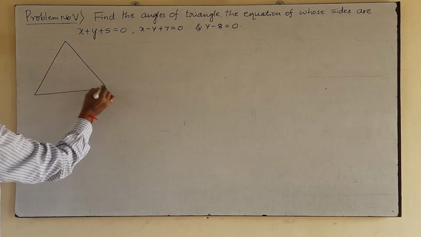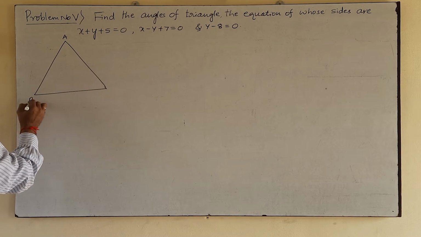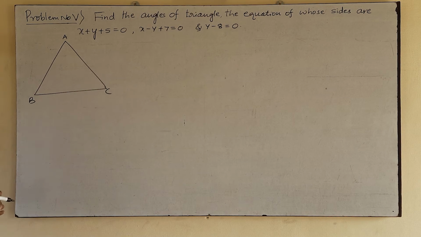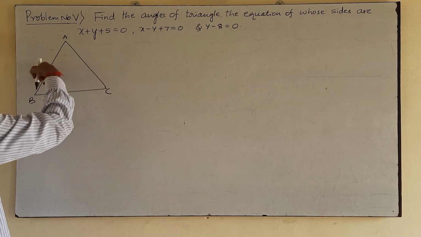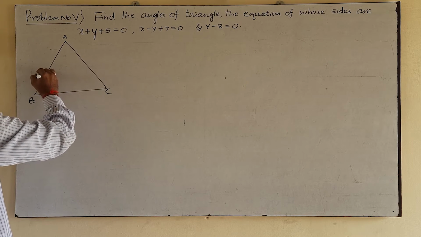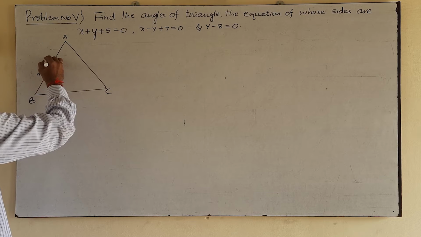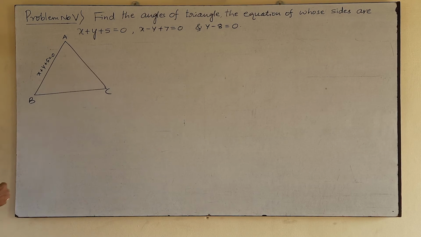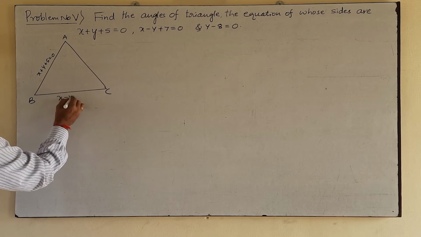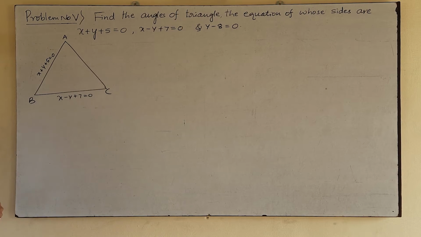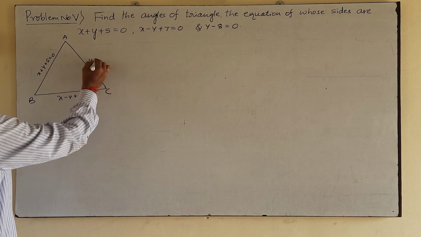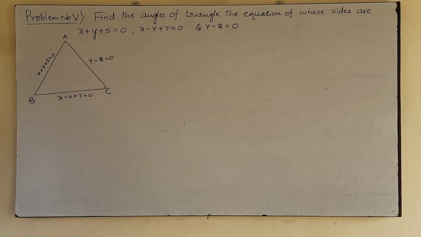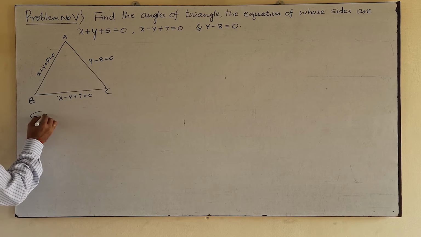Say A, B, C. There are three sides, AB side, BC side, AC side. Now the sides, its equations are given. AB side equation x plus y plus 5 is equal to 0. BC side equation x minus y plus 7 is equal to 0. Then AC side, its equation y minus 8 is equal to 0. Now here three sides are given.